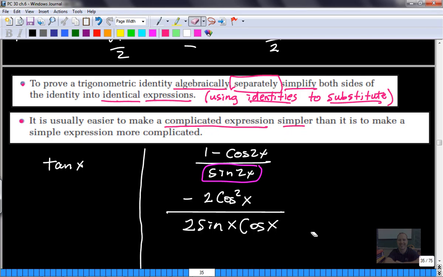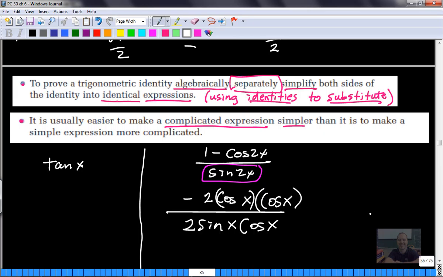Okay. We're getting close here, aren't we? Now, you may not see this, and this little step you probably don't have to show as you get better at this, but this is what I'm going to do. Cos squared x, please remember, is the same as cos x times cos x.